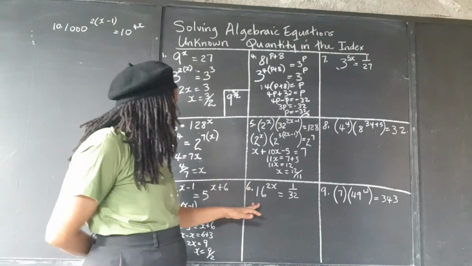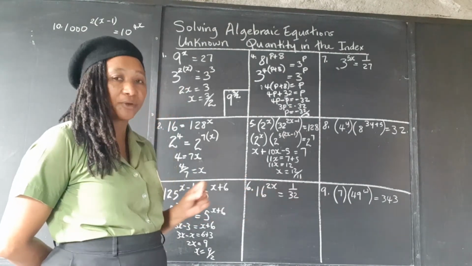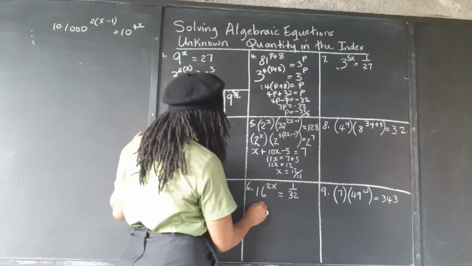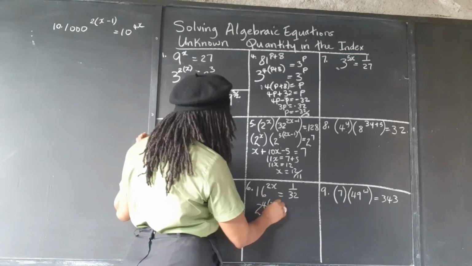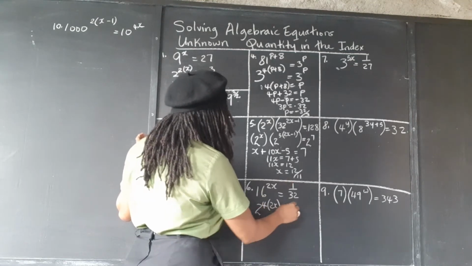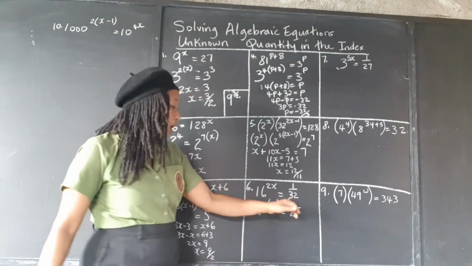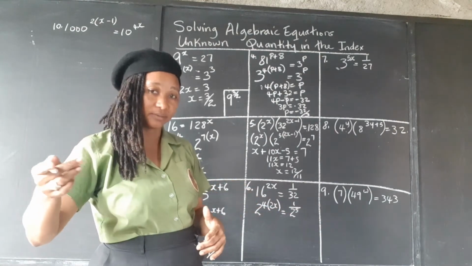Alright, so we have 16 and 32. Those can be written with 2 as the base. 16 is 2 to the 4th power. And we write back the index we had already. 32 is 2 to the 5th power. And remember, 1 over anything is that thing to the negative 1.